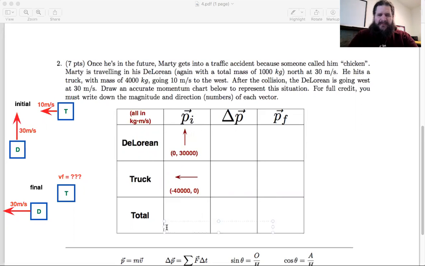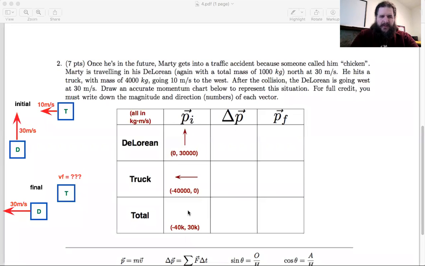So 0 plus negative 40,000 is negative 40,000. Just going to write this as negative 40K for now. And then 30,000 plus 0 would be positive 30,000. So those would be the xy components of the total momentum vector. And we could even draw that out as well.